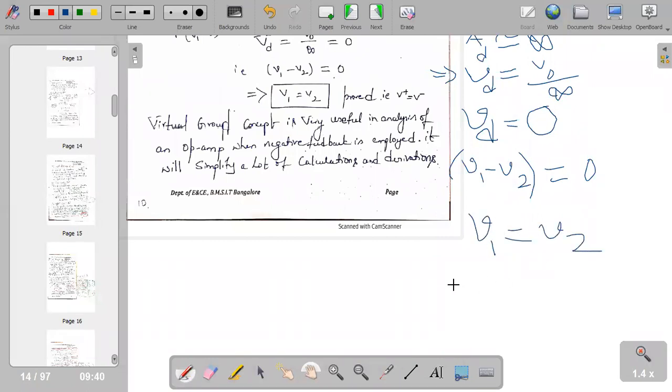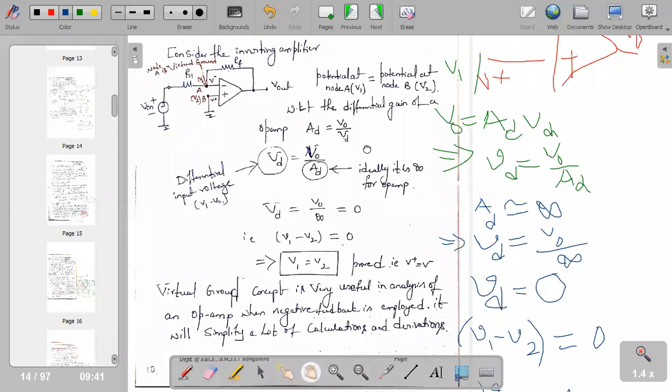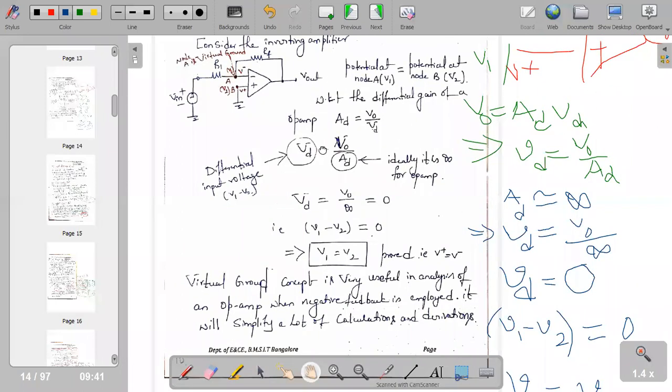What is V1 here? It is the voltage applied at the non-inverting terminal, that is V plus. And what is V2? The voltage applied at the inverting terminal, it is V minus. So from the virtual ground concept, the potentials at the inverting and non-inverting terminals are equal.